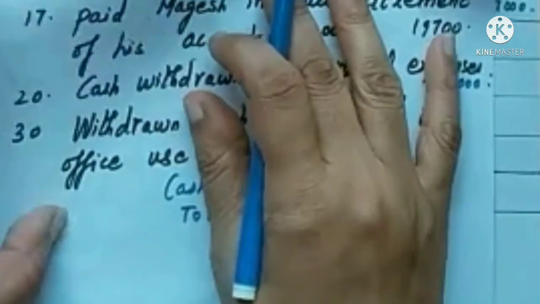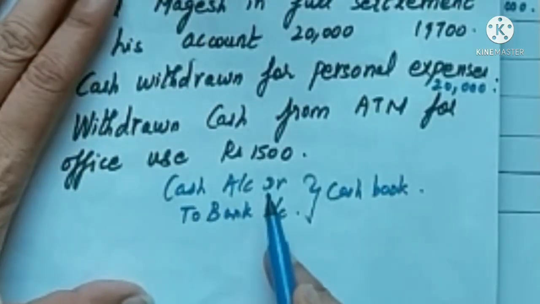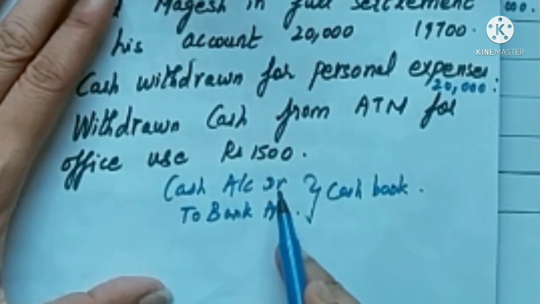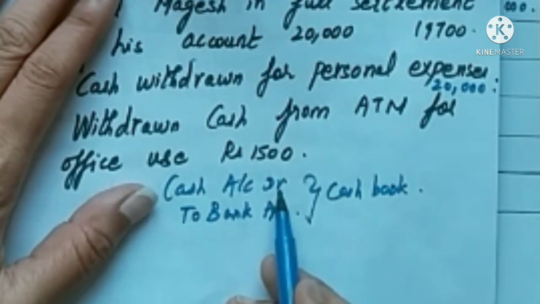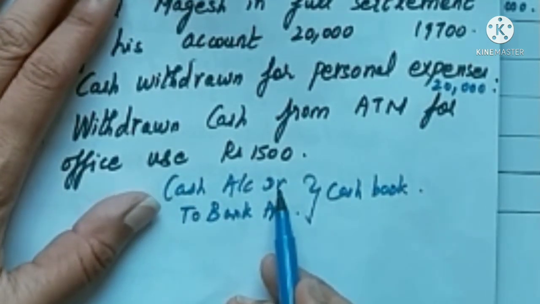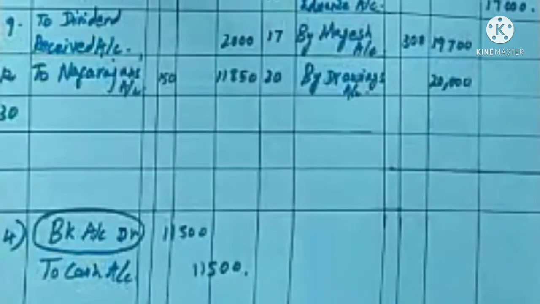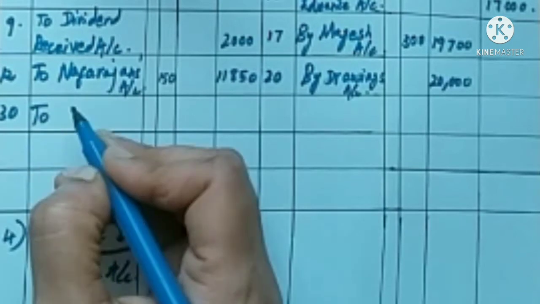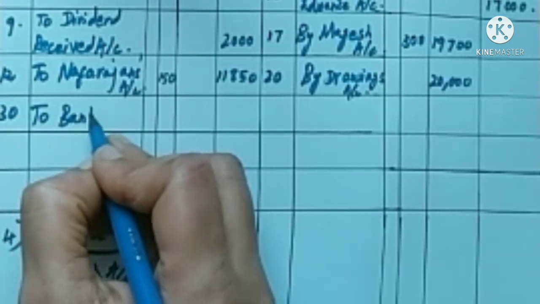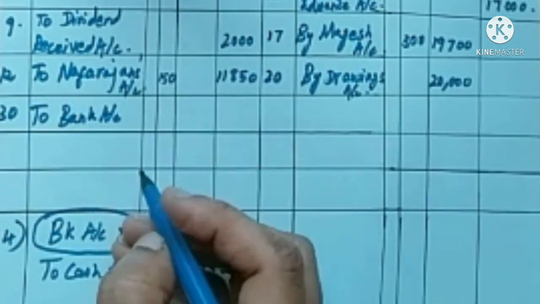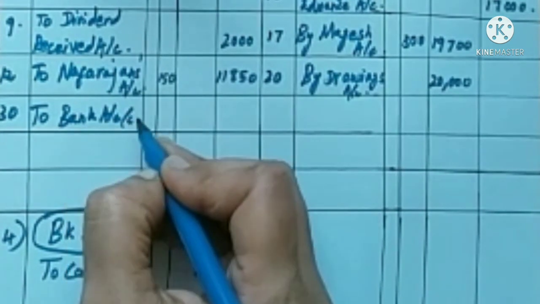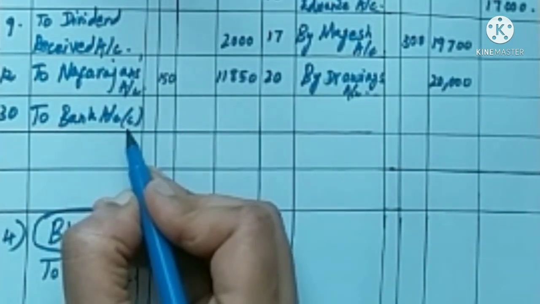See here, cash account is debited. So I am going to write on the debit side of the cash book "To bank account". It is a contra entry, so I am going to write the letter C in brackets.